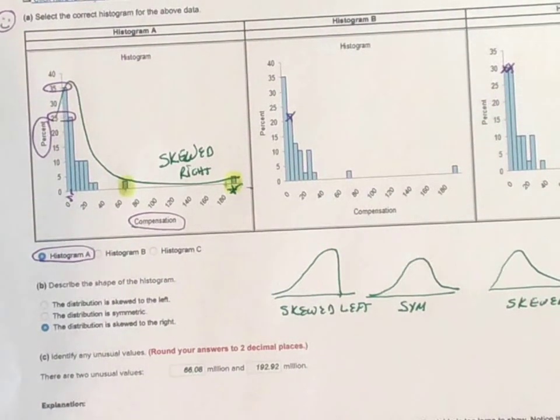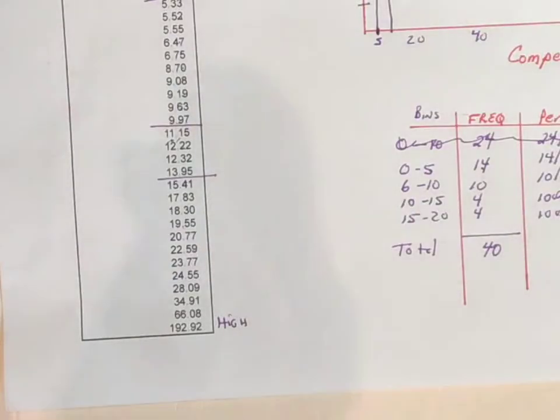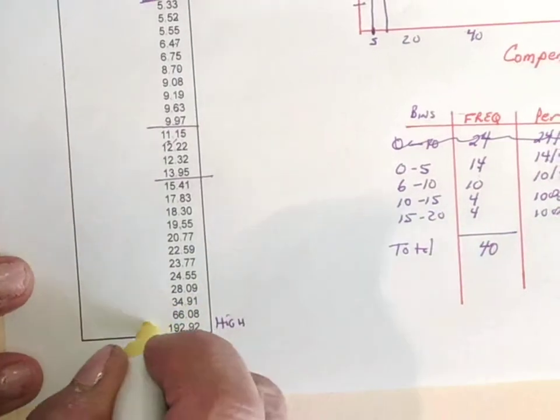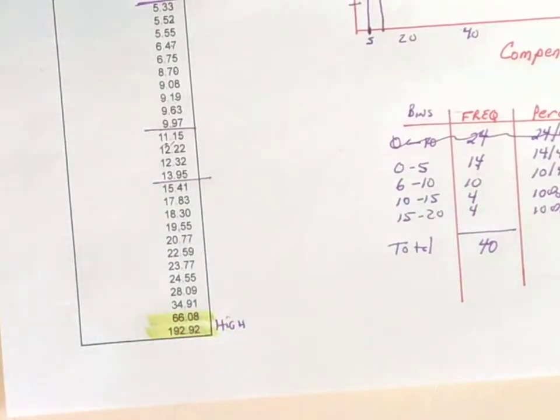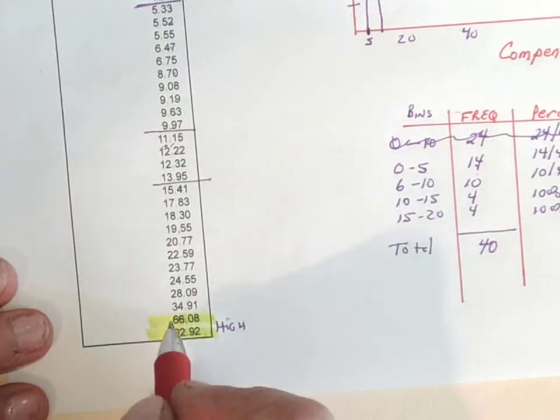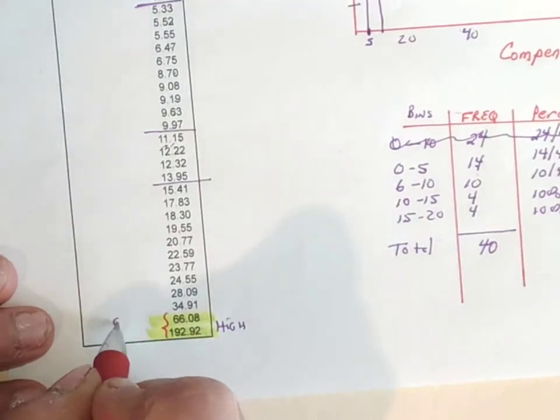And we can see that if we go back and look at our data, and if we look at these two high values, these are our outliers.